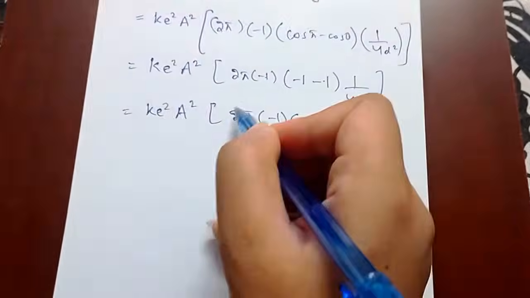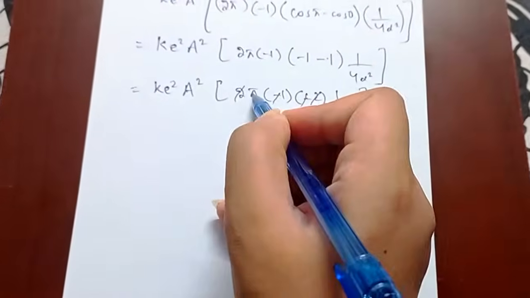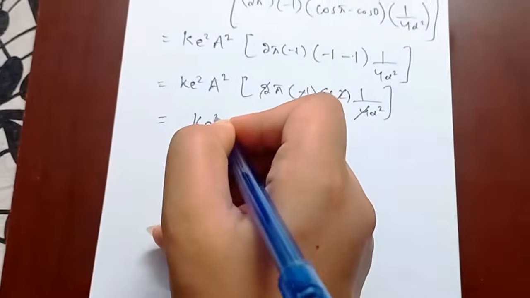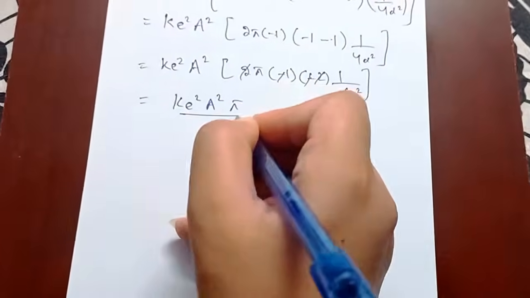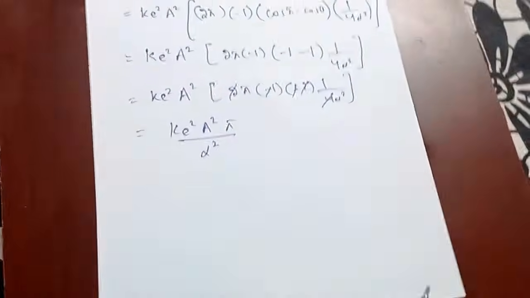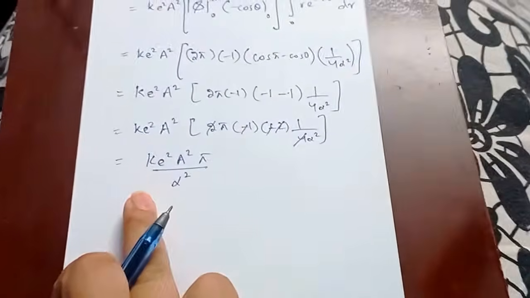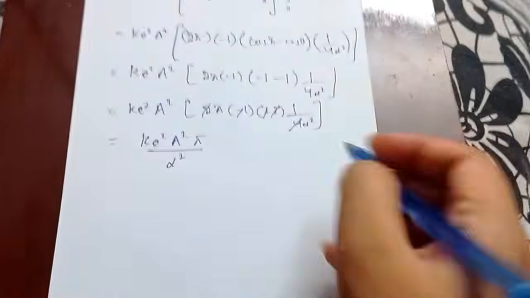This 4 and 2 cancel out, minus minus cancels out, so pi k e squared A squared over alpha squared. This is the value that we got so far. Here we can put the value of A squared.